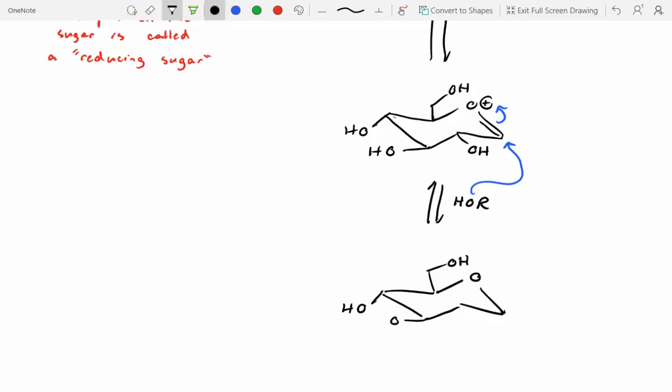Let me fill in the rest of these groups. And oftentimes when you see this, you'll see it drawn like that. What does that squiggly line mean?